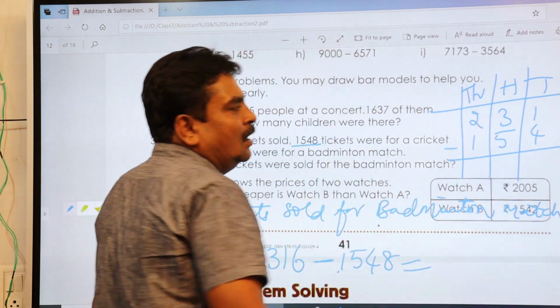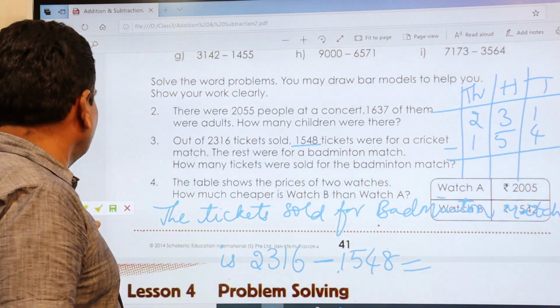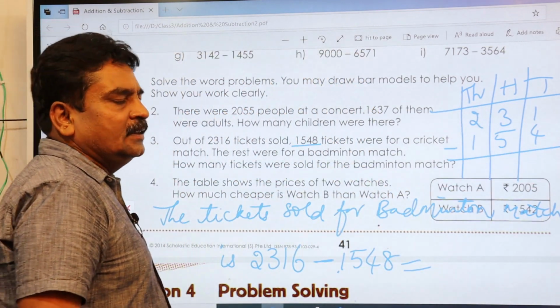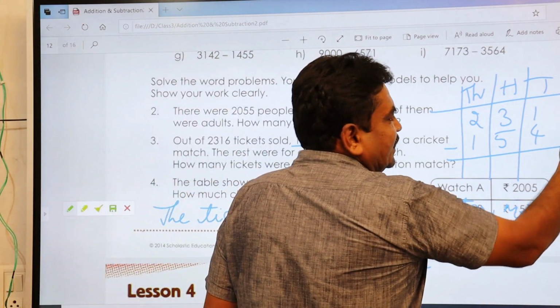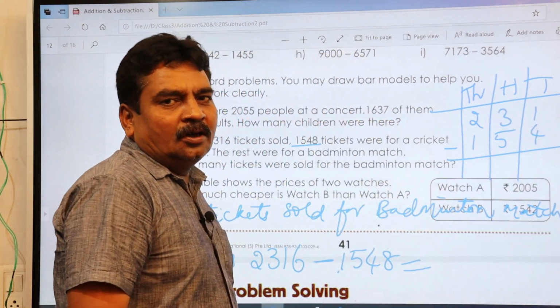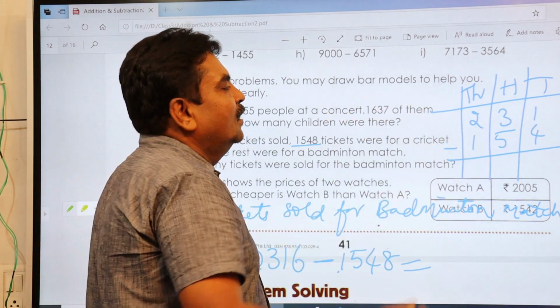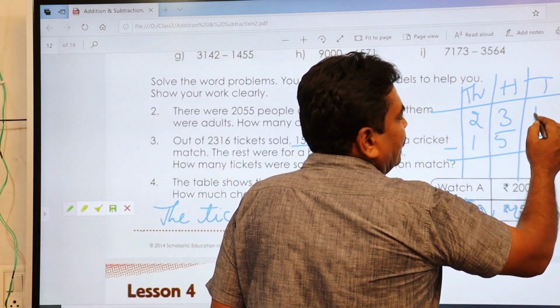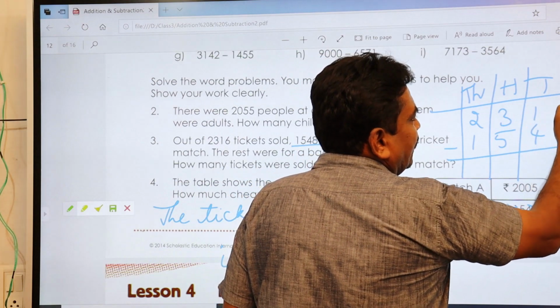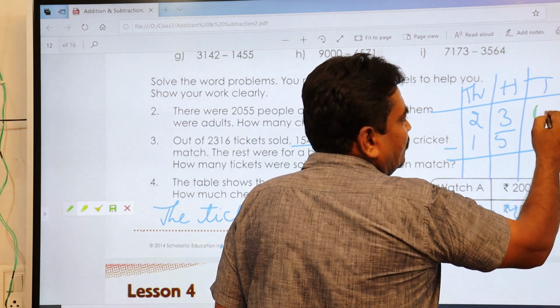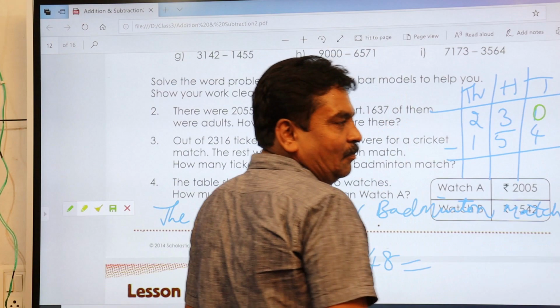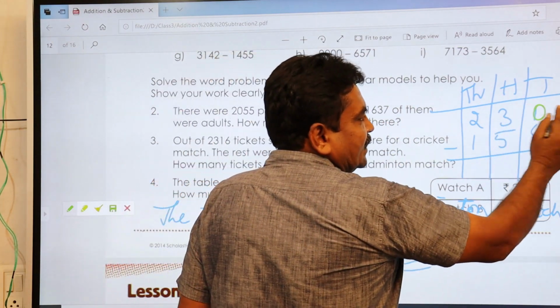You have to subtract it. How are you going to subtract? See here. From 6 you have to remove 8, which is not possible. So what are you going to do? You have to carry one number from beside. This one you carry, it becomes 16 and this becomes 0 because you have taken out one. Leave this as it is and come to this one.